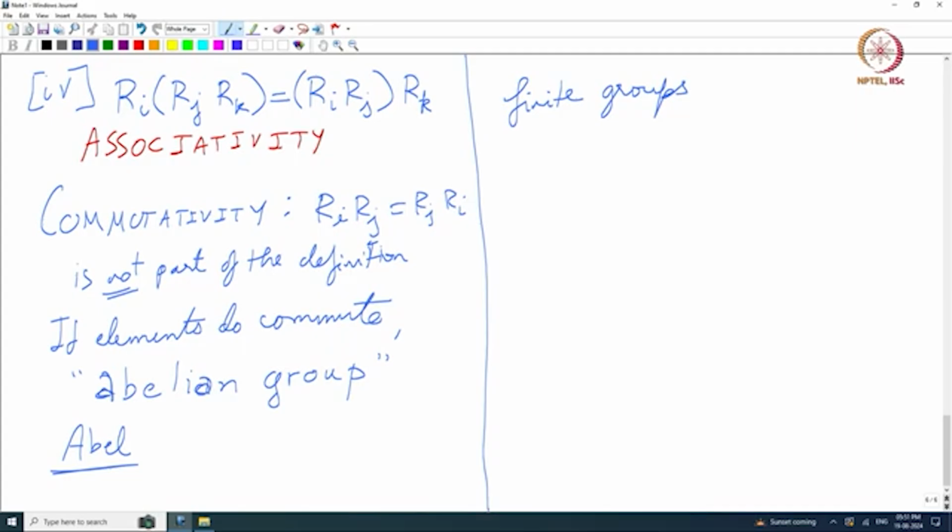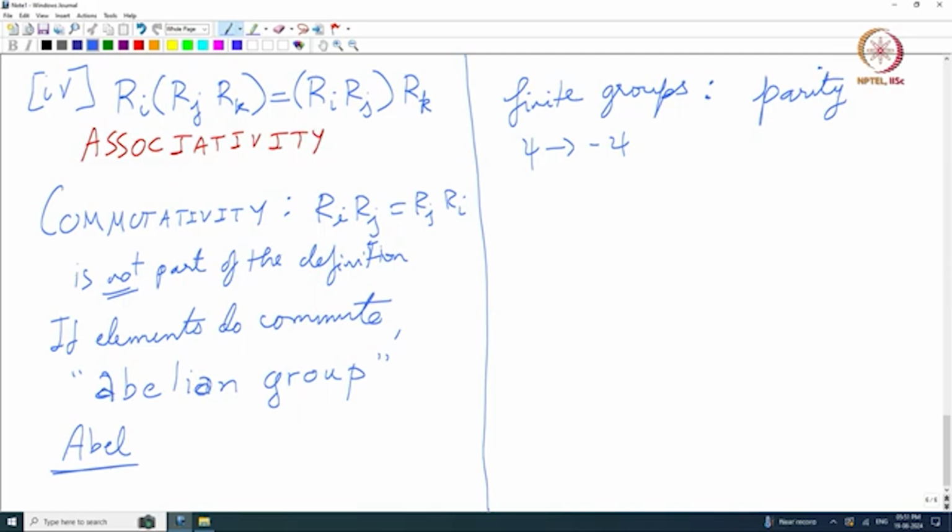Have you seen any finite group already? Obviously, the operation of parity could form a finite group, correct. You just need psi to go to minus psi, and then the minus psi will come back to psi. So, you just have 2 elements in this case, correct.